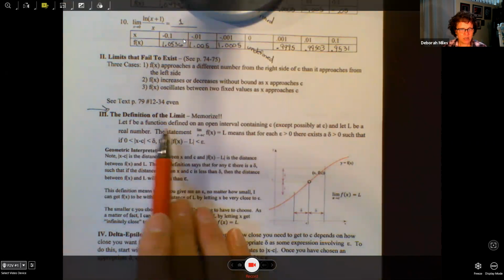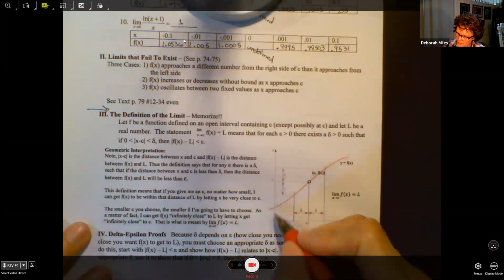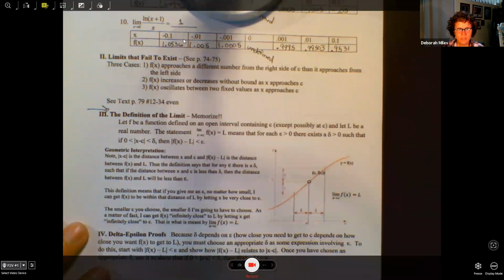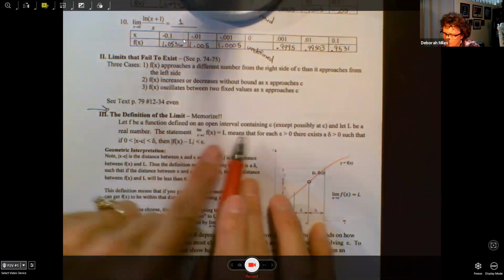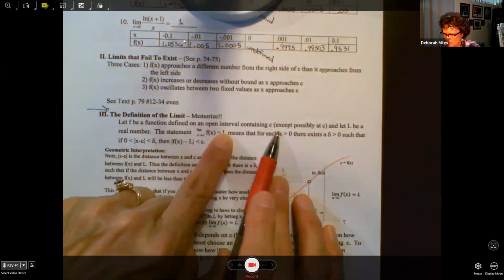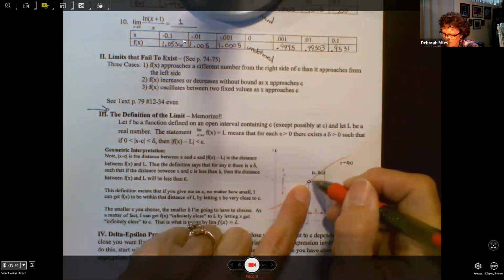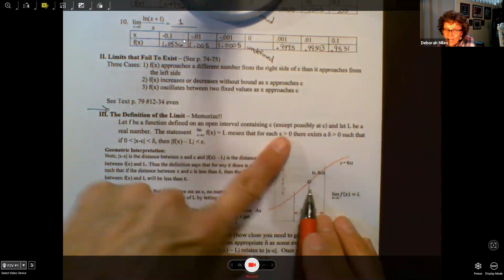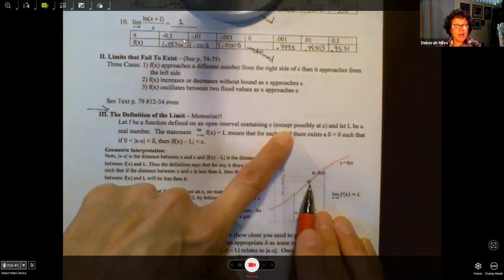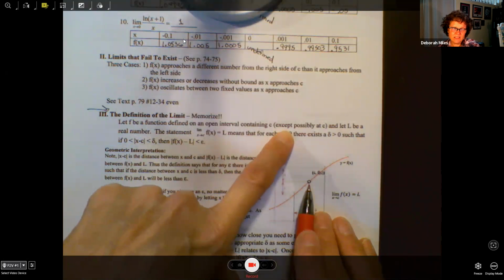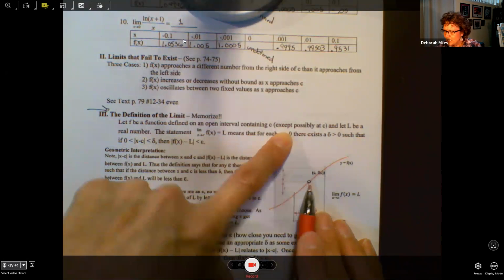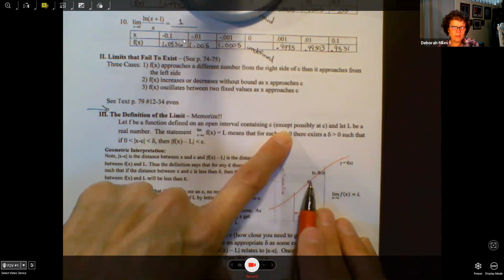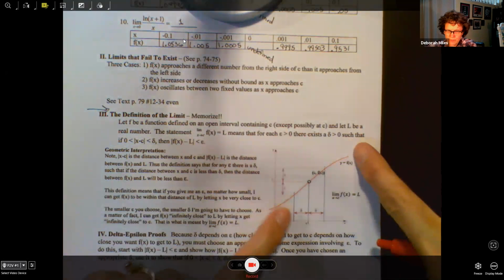Let f be a function. Here's a function defined on an open interval containing c. There's some function to the left of c, there's some function to the right, but there may possibly be a hole in the graph at c itself. And that's okay, because we know that limits still can exist even where there's a hole in the graph, because we're just going to get close to that c.